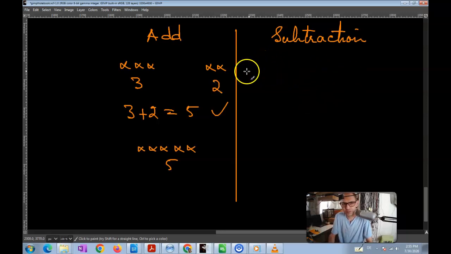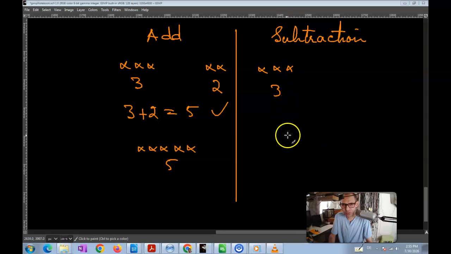For example, we have the same marbles, 3 and 2 over here, and now of course I don't need the 2 marbles anymore in subtraction. Now I want to take 2 marbles out of these 3 marbles.